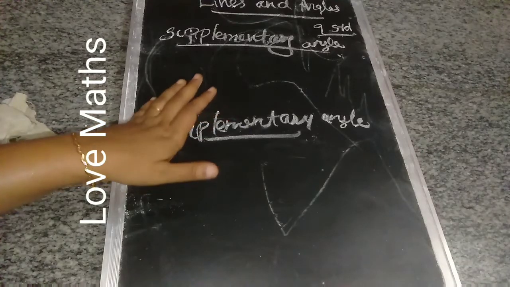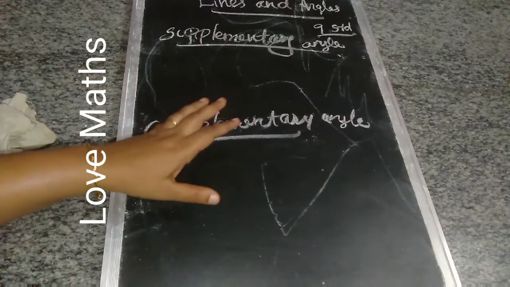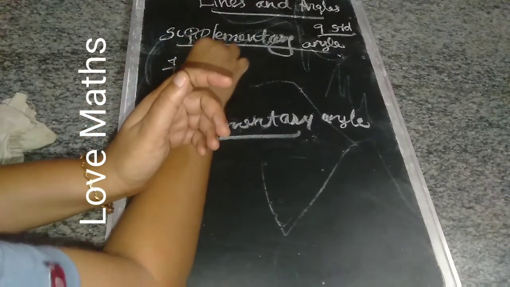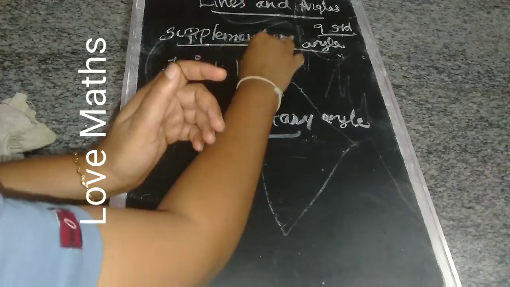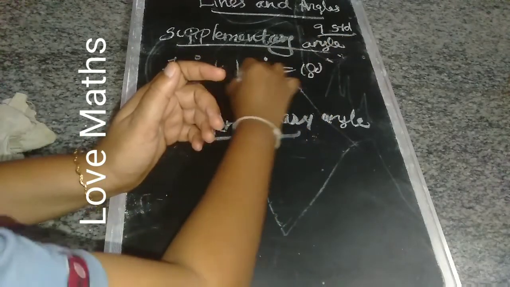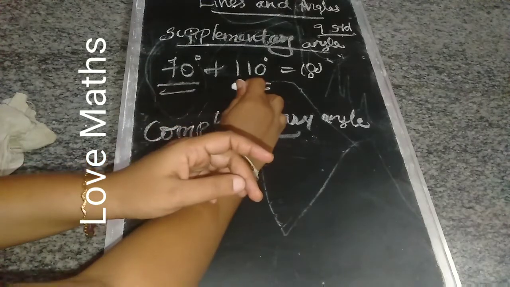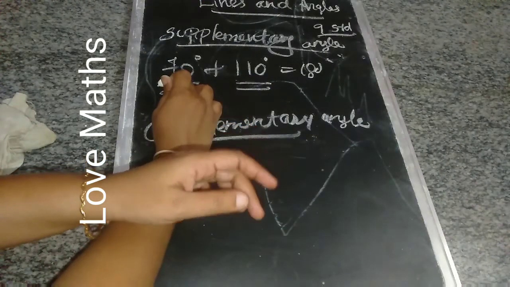If the sum of two angles is equal to 180 degrees, then the two angles are said to be supplementary angles. For example, 70 plus 110 is equal to 180 degrees. So these two angles are supplementary angles of each other. The supplementary angle of 70 degrees is 110 degrees. The supplementary angle of 110 degrees is 70 degrees.